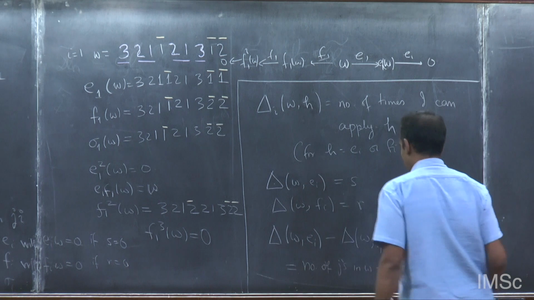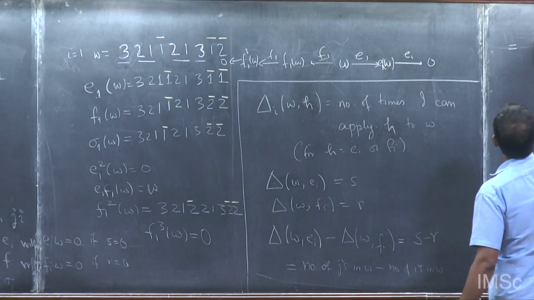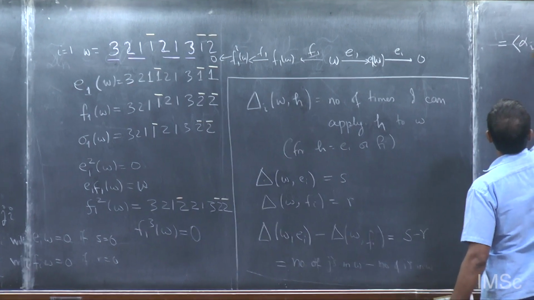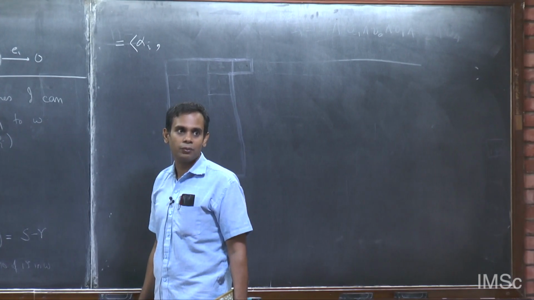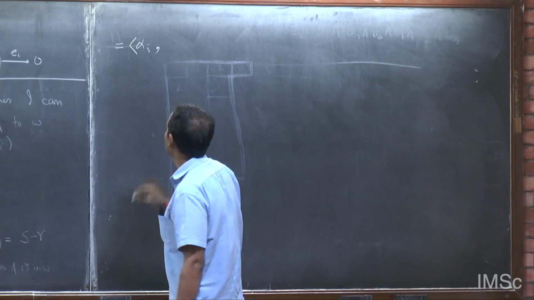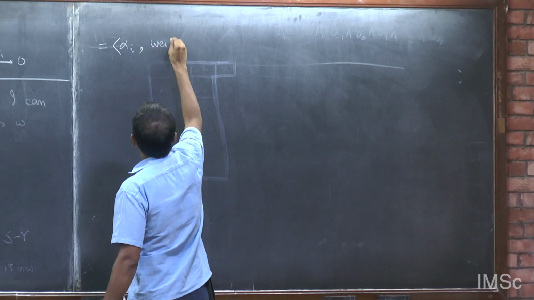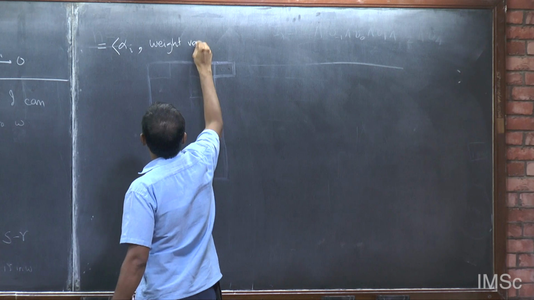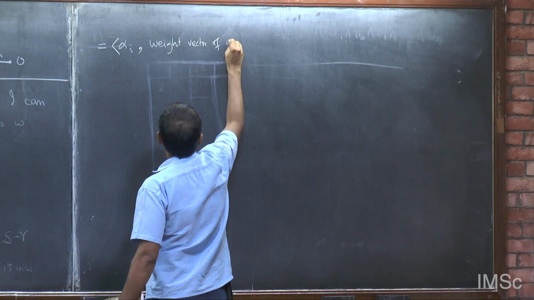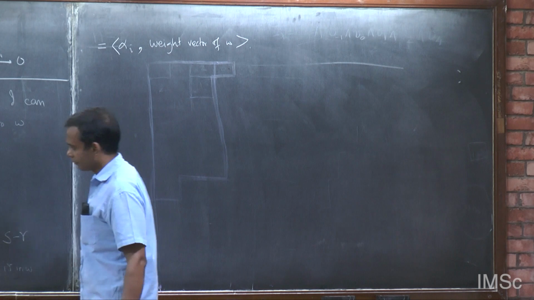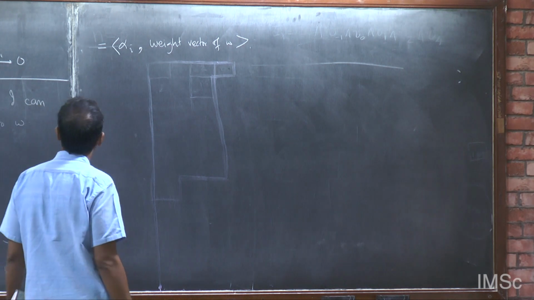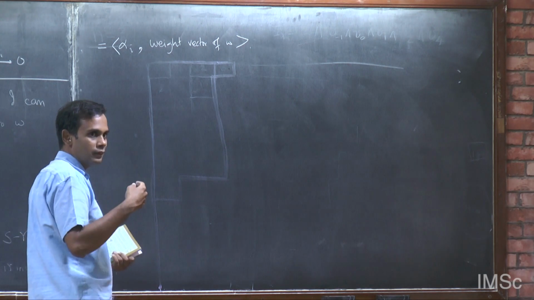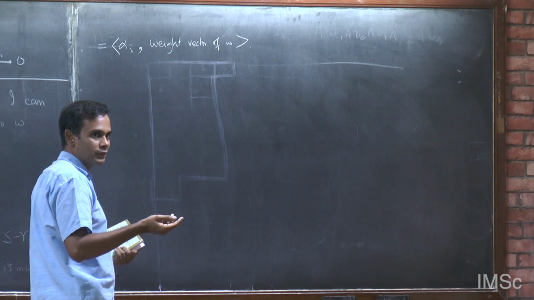So you can think of this as alpha I inner product with the weight vector of W. I thought the roots were in the dual space and the weights were.